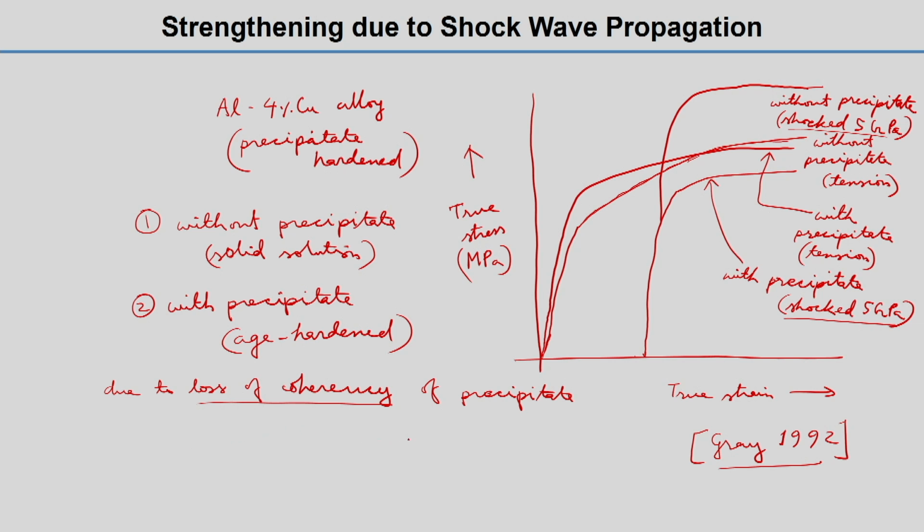You have a precipitate, let us say this is the precipitate, and you have a matrix surrounding it. These atomic planes will be different. Now whether the atomic planes of the matrix are matching, and matching does not mean exactly matching, please check what is incoherent, what is coherent, and what is semi coherent with dislocations.